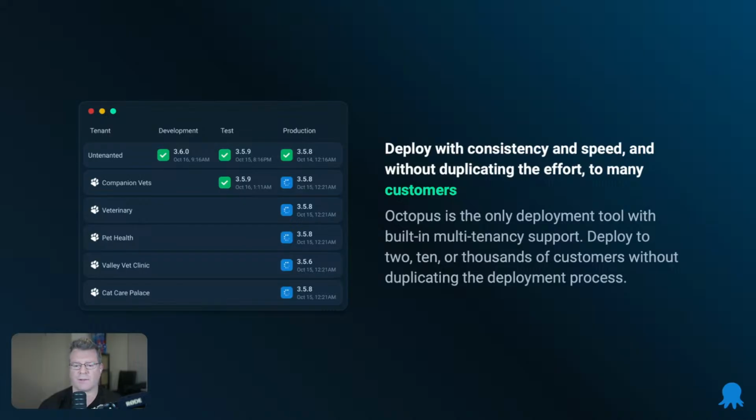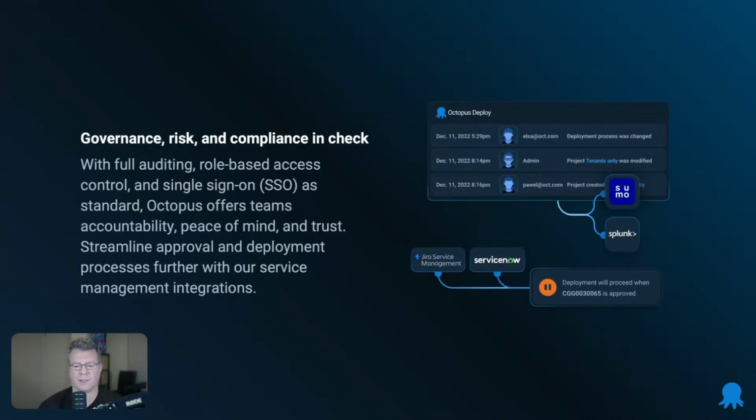Another thing we also have is built-in support for governance, risk, and compliance. As I showed you earlier, there's a full audit trail for every operation that is conducted by Octopus. But in addition to that, oftentimes there are integrations that you want to utilize in concert with the deployment process. A common scenario might be that I'm utilizing a product like ServiceNow or Jira Service Desk, for example, and that serves as the controller for when a deployment occurs.